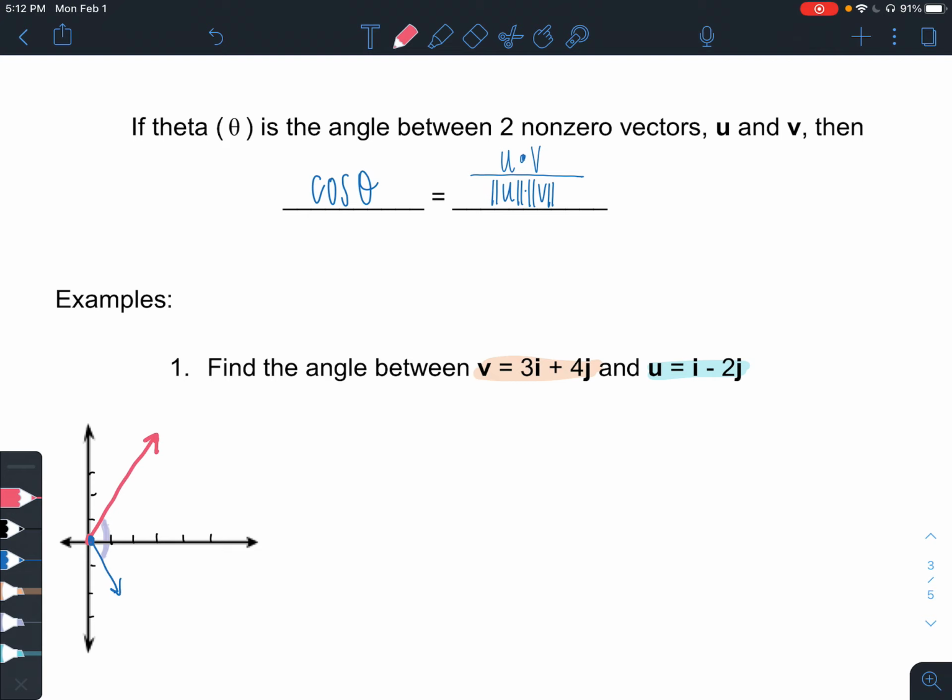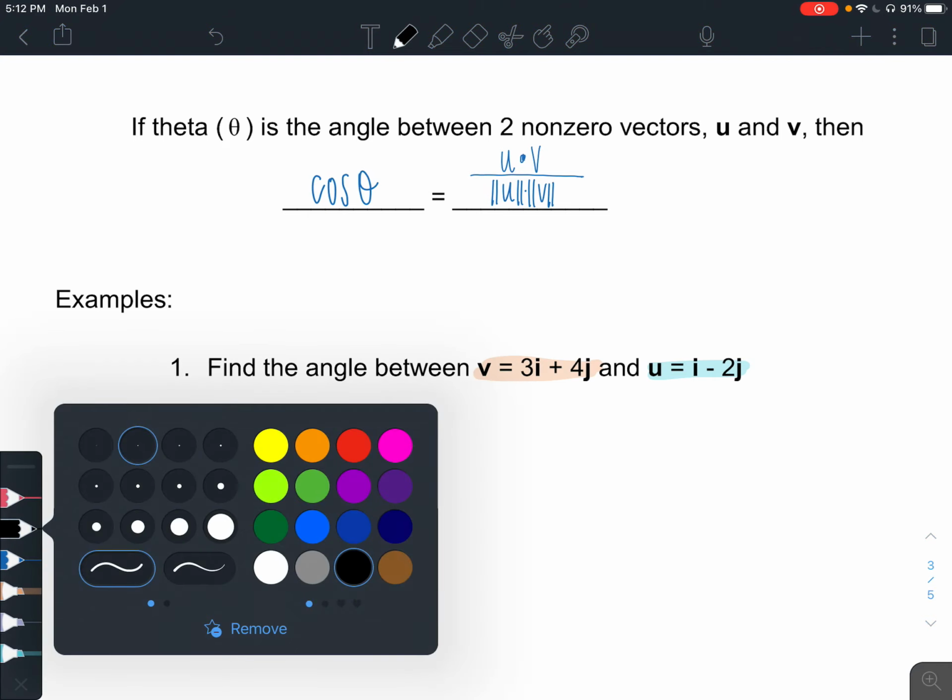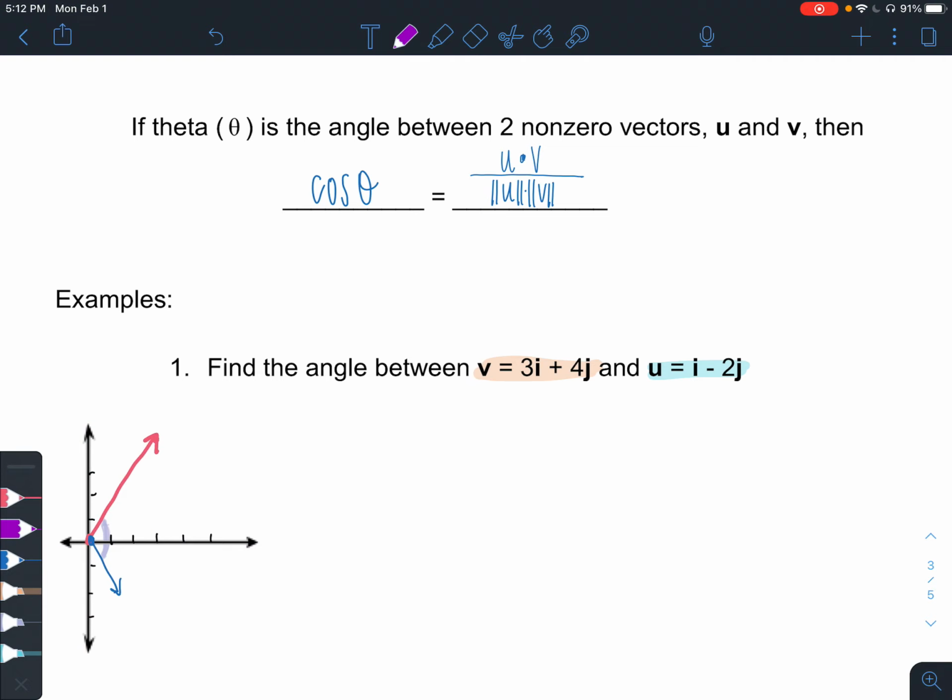Okay, let's go ahead and do some calculations here. Change my pen color, nice purple color.